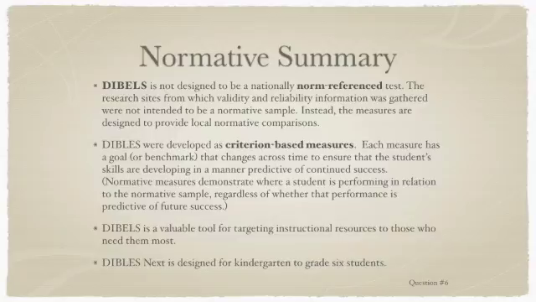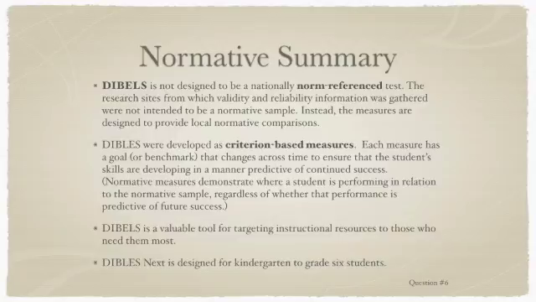Each measurement has a goal or benchmark that changes across time to ensure that the student's skills are developing in a manner predictive of continued success. Normative measures demonstrate how a student is performing in relation to the normative sample, regardless of whether that performance is predictive of further success. DIBELS is a valid tool for targeting instructional resources to those who need them most.